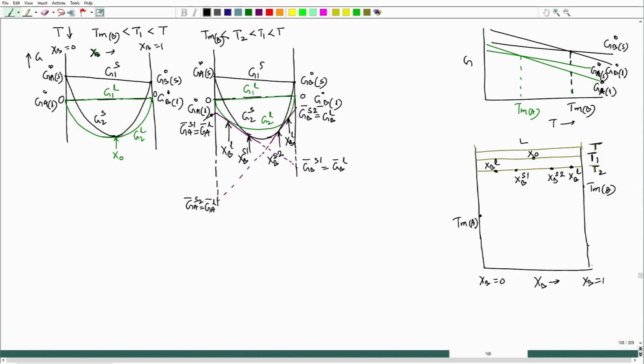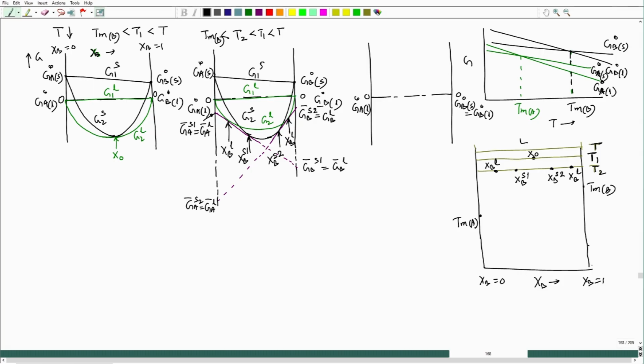Now, let me draw it at temperature T equal to TMB. See, if I draw it at T equal to TMB, now this one would be GA naught, still it will be liquid, and this one would be GB naught solid as well as equal to GB naught liquid.